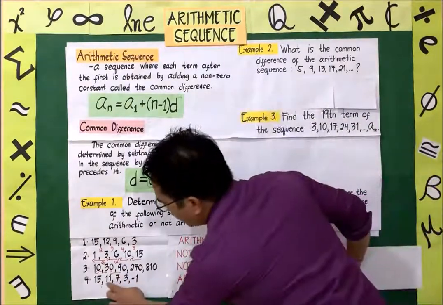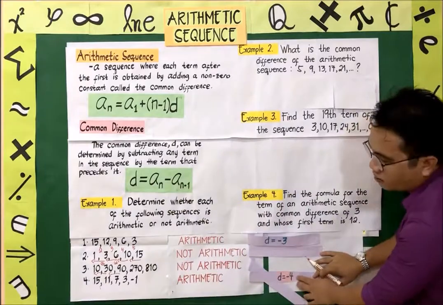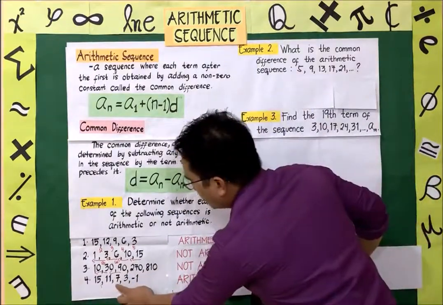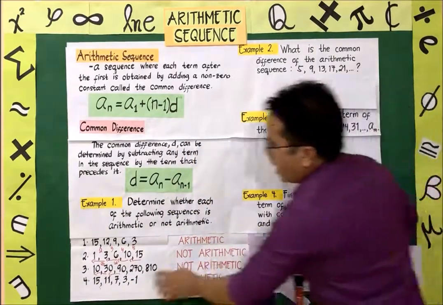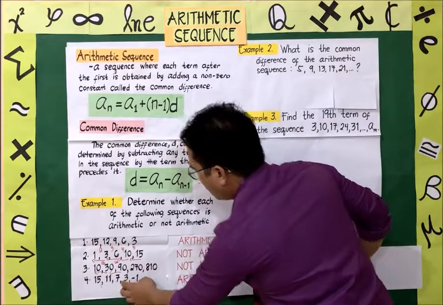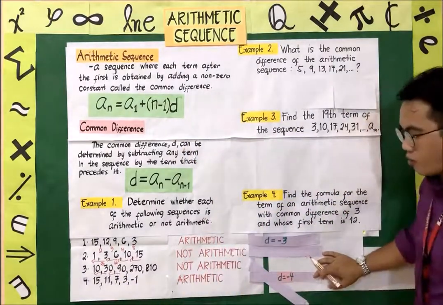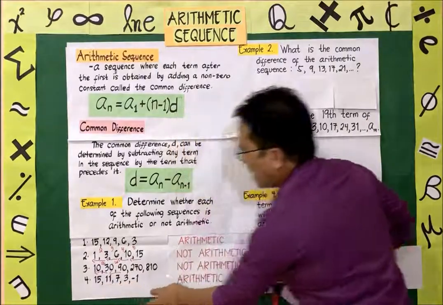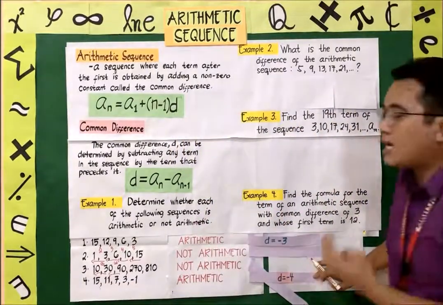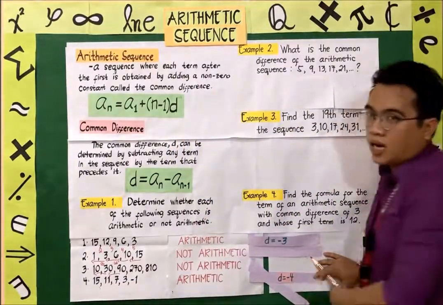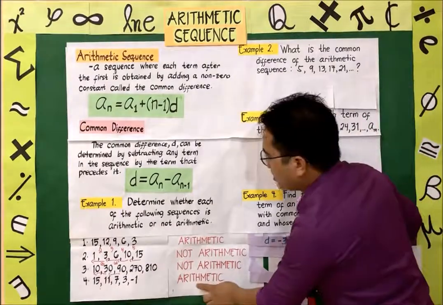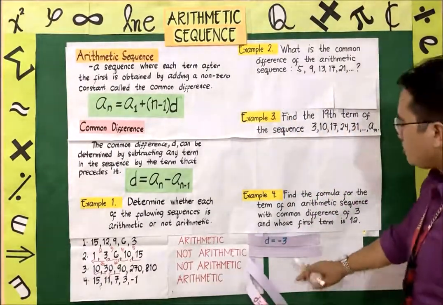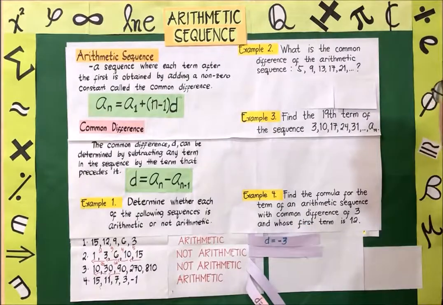Then sa 7 minus 11, the result is also negative 4. Then 3 minus 7, the result is also negative 4. And negative 1 minus 3, the result is also negative 4. So dito sa number 4, mapapansin natin na meron silang common difference, that is negative 4. Kaya siya arithmetic sequence. Okay, so let's proceed to the next example.